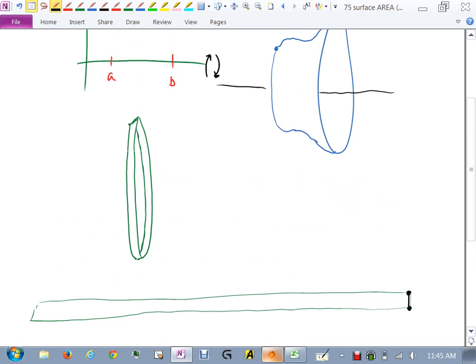Isn't that black the width of the rubber band here? Isn't it? What's the width of this rubber band?